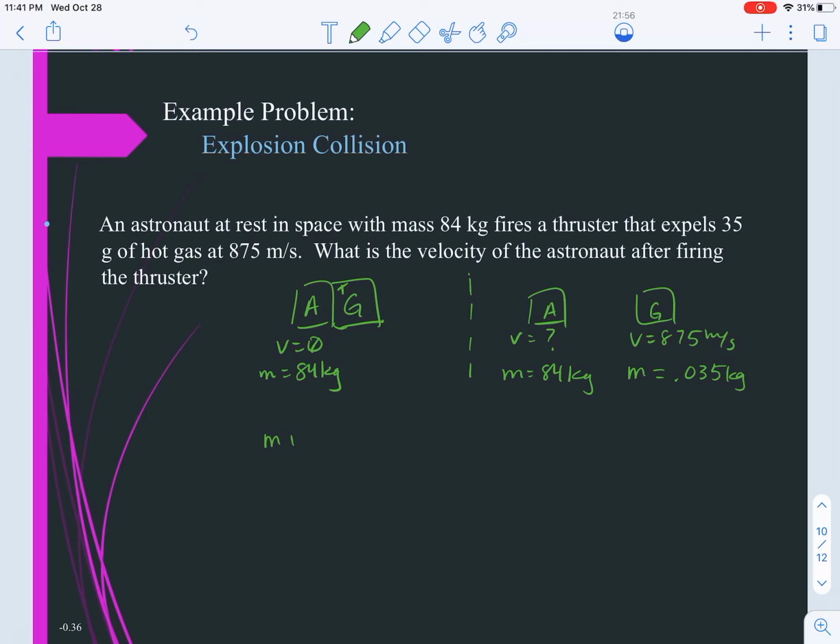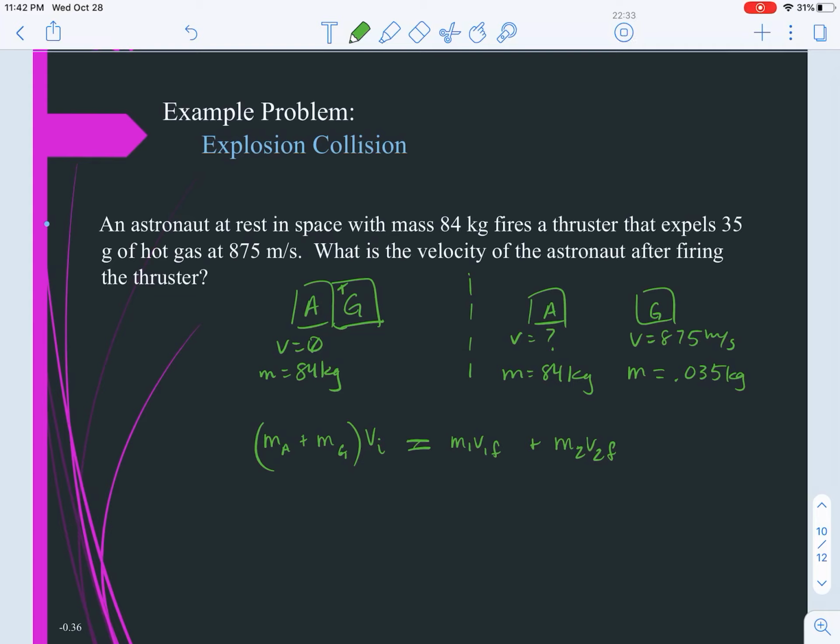So here we would say the mass of the astronaut plus the mass of the gas are combined, and together they have one initial velocity, equals the mass and velocity on the final side plus the mass and velocity final.